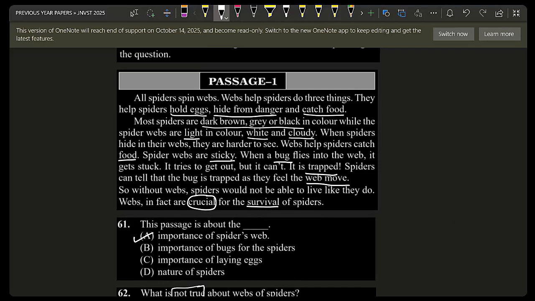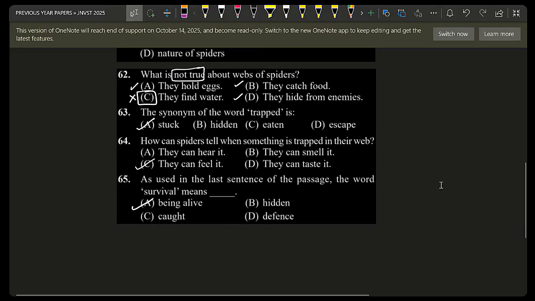Vihan, what is your doubt in this passage? Sir, not the passage, sir. Okay. 65, survival, the antonym, what, sir? Survival means escaping from any danger or continuing our life. So I can say the antonym is trapped or death.